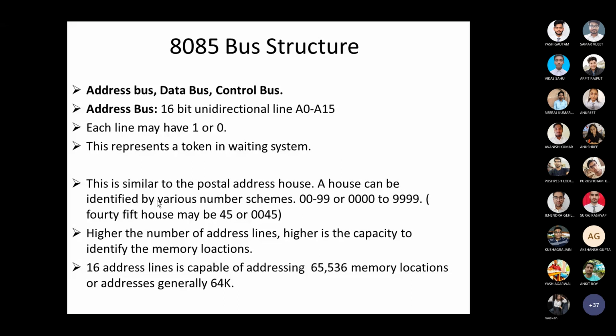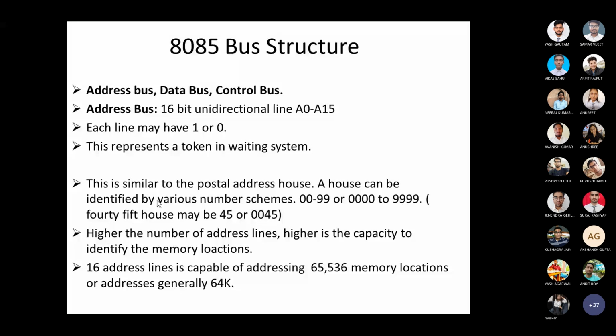Suppose our house is 45th, then with 00 to 99 we have the capacity to allocate only 100 houses. So the 45th house will be given by 4 5, 2 digits only.